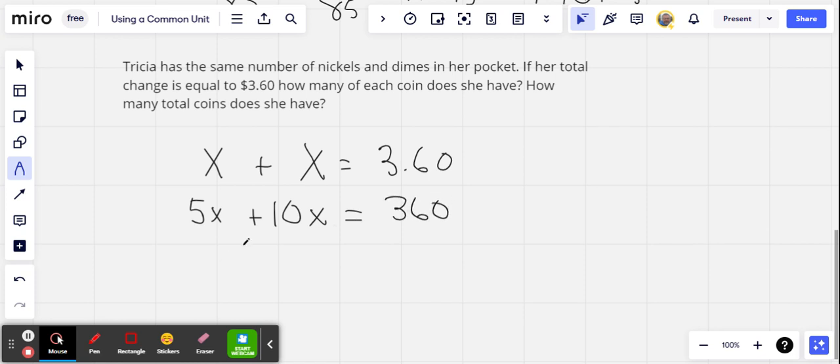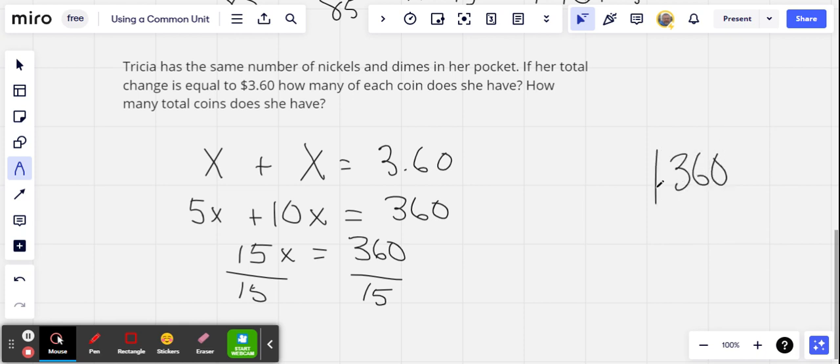Then we add them together. 15x equals 360. Divide by 15. Let's do the math over here. 360 divided by 15.